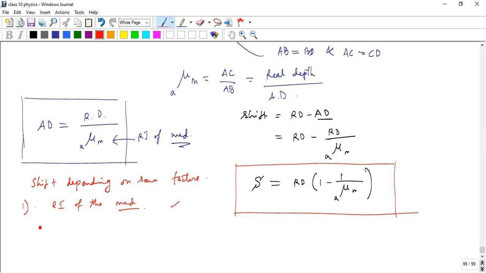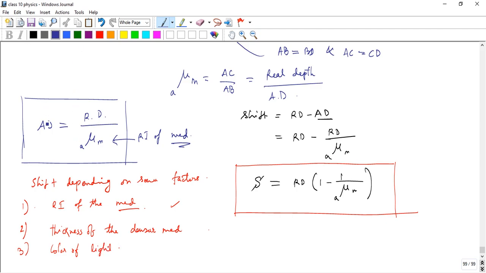Next, thickness of the denser medium. And next, the third point is color of light. Color of light, that point is very important.